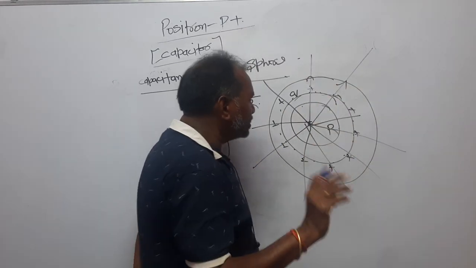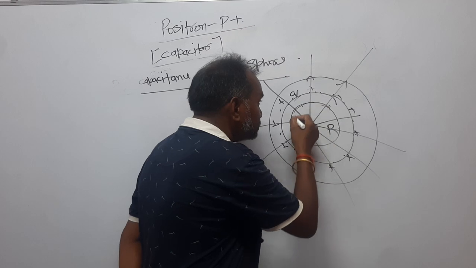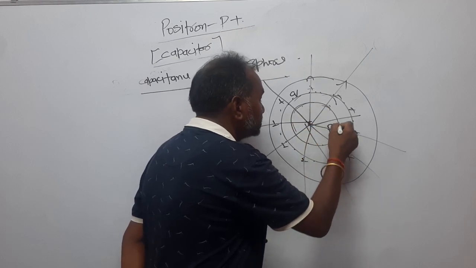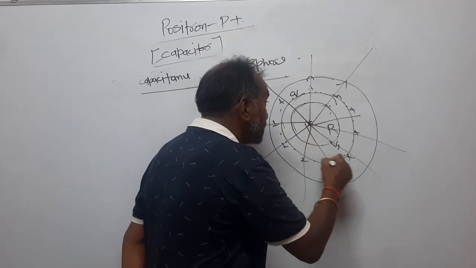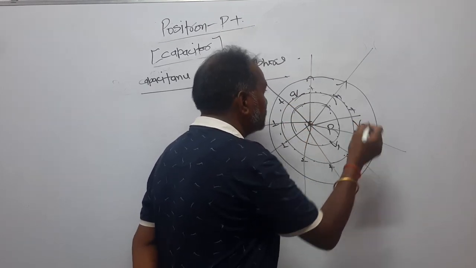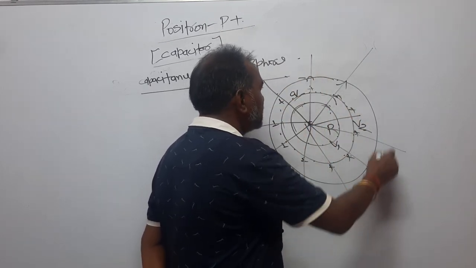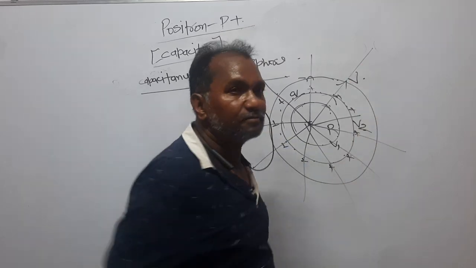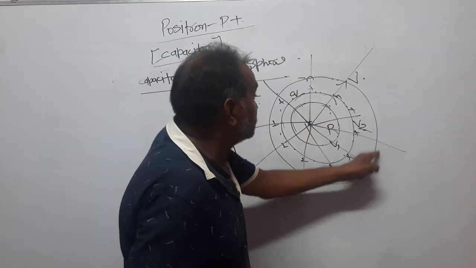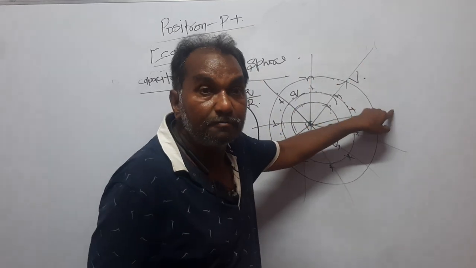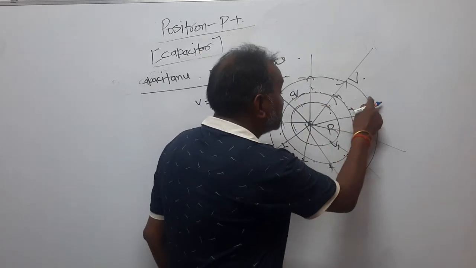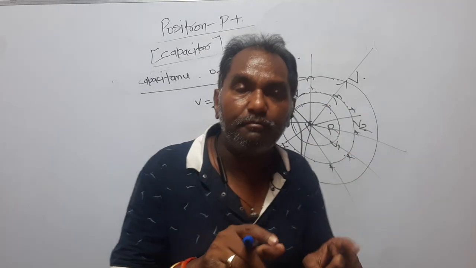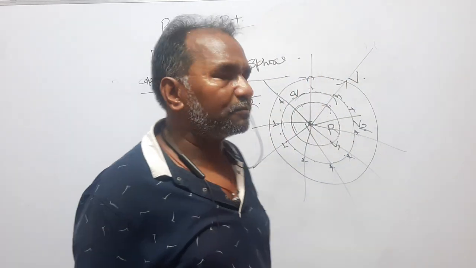Dear student, what I mean to say is, at this sphere, at every point, the potential will be, let us say, V1. At this sphere, every point, the potential might be V2. At this sphere, every point, the potential, let us say, is V. At these two spheres the potential will be the same, but at these two spheres there will be a difference of potential, or you can say a potential difference.